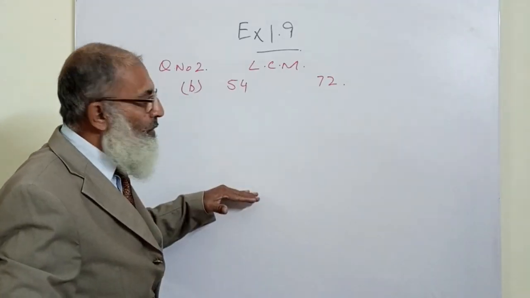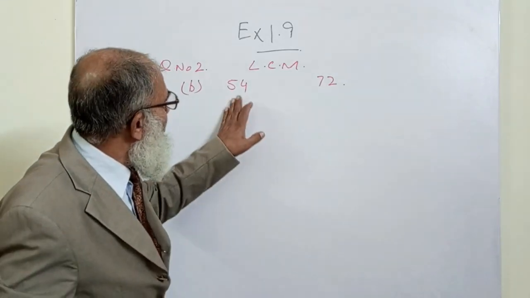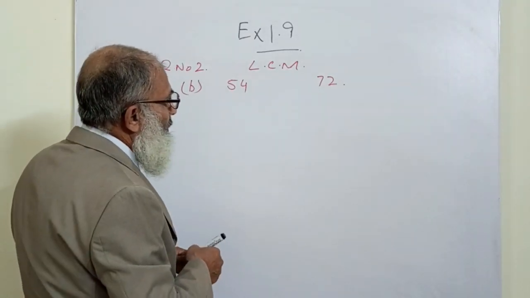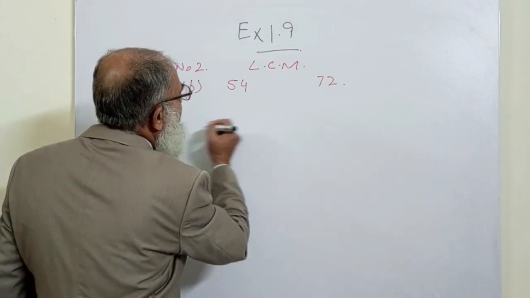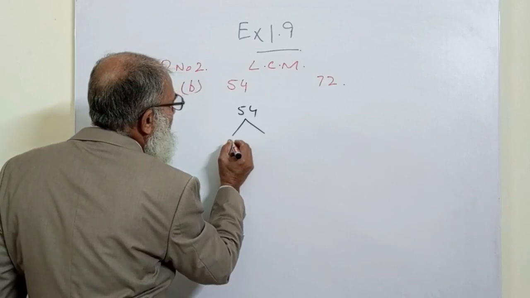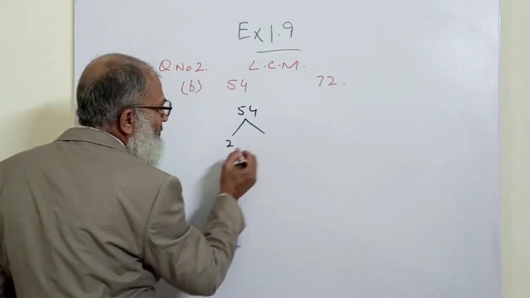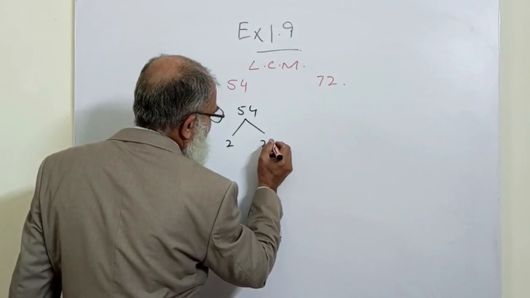The procedure is that for the answer, you have to write 54 and then draw a tree.